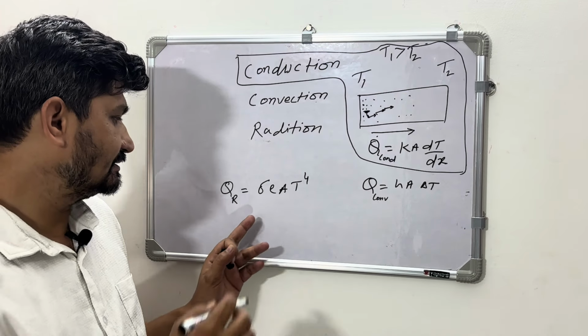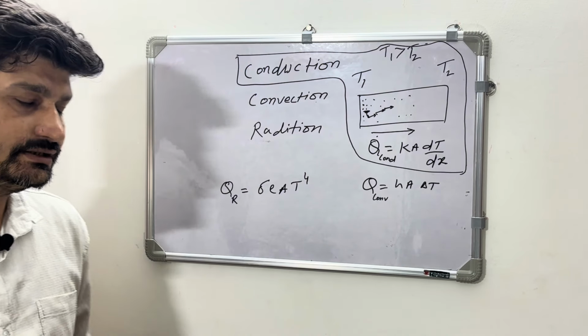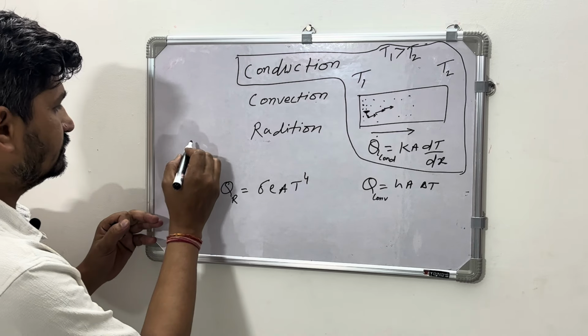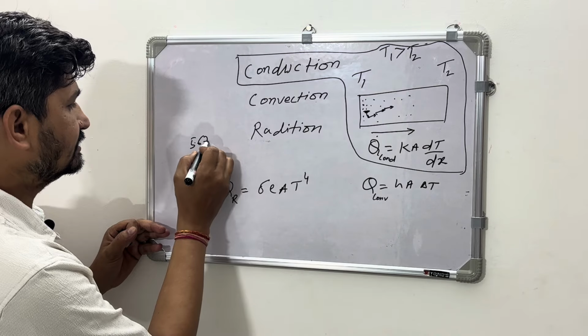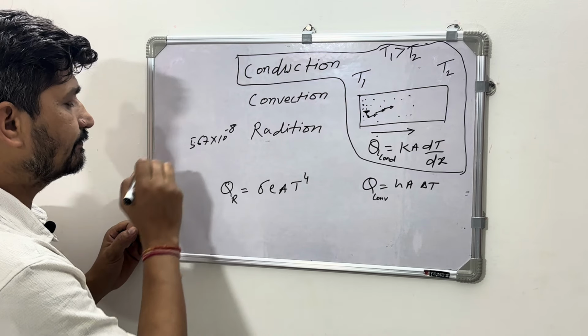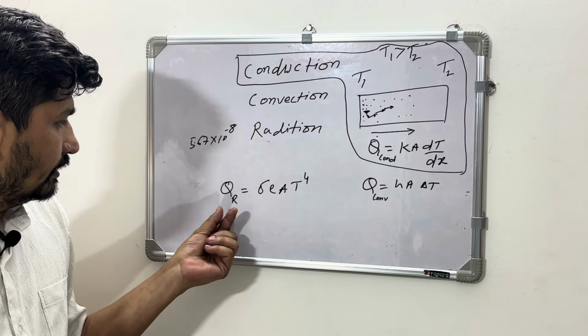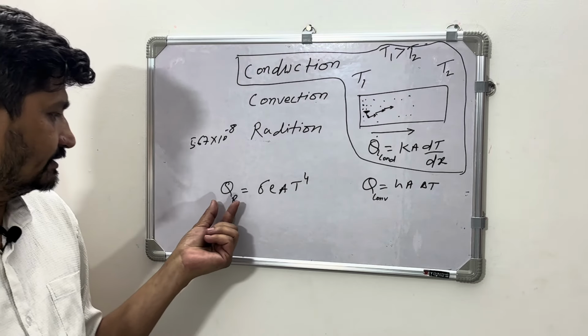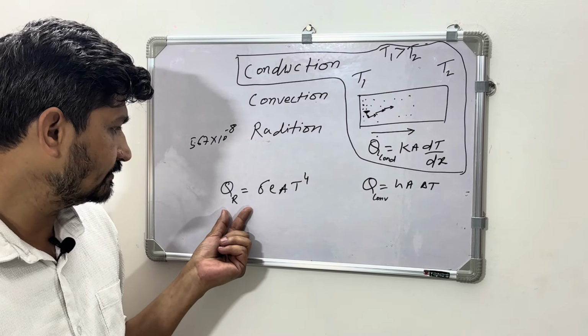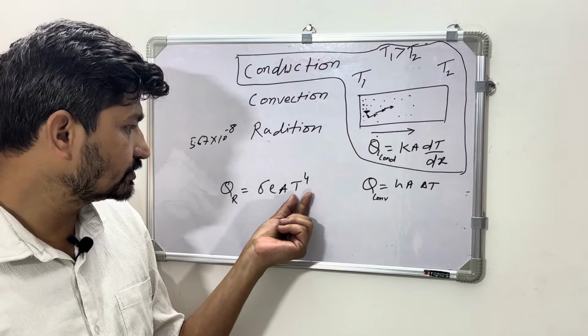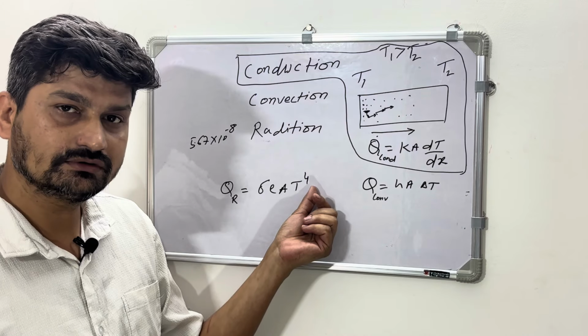In this case, σ is the Stefan-Boltzmann constant, and if I am not forgetting, its value is 5.67 × 10 raised to power minus 8. Now, if you look closely, Q_R, the radiative heat transfer, is directly proportional to temperature raised to power 4.